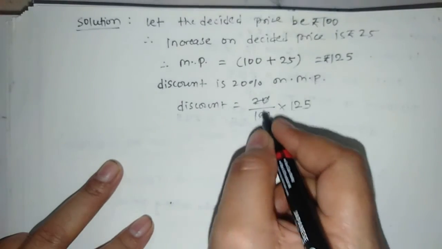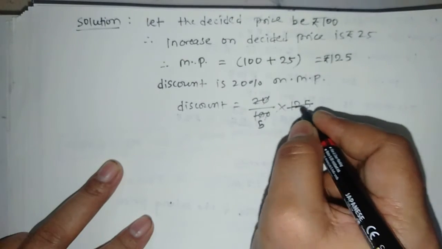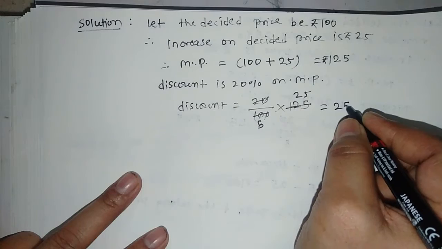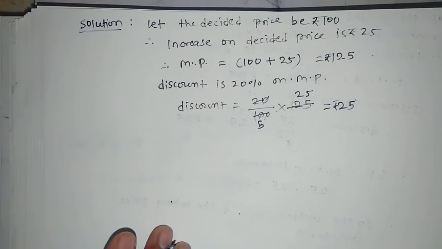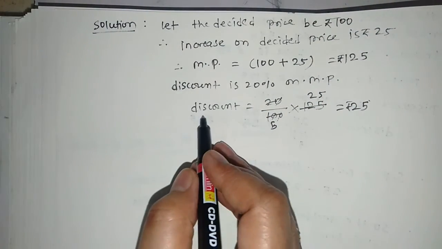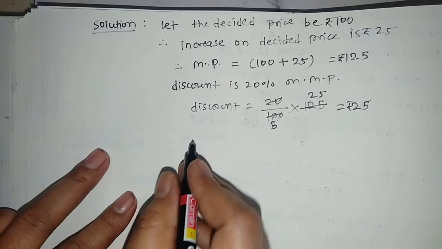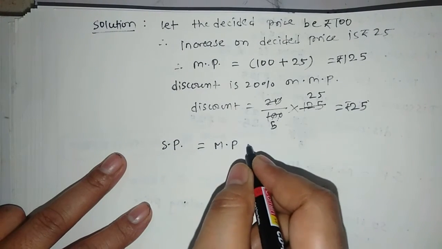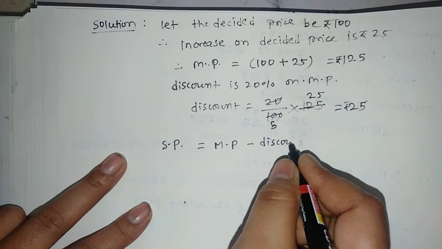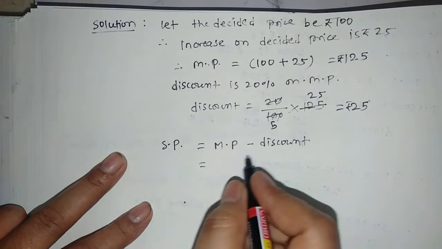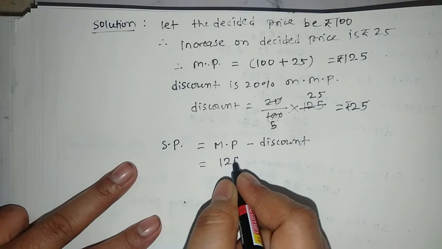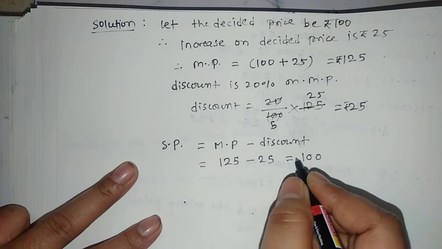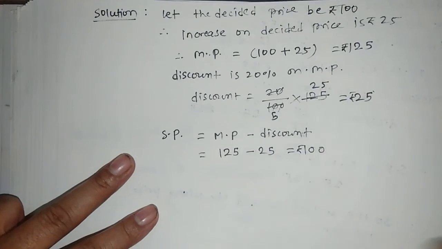So this 0 is cancelled. 2 5s are 10. 5 25s are 125. So it is 25 rupees. Now we got the value of mark price and discount. Now we calculate the selling price. So selling price is equal to mark price minus discount. So mark price is 125, discount is 25, so it is 100 rupees.